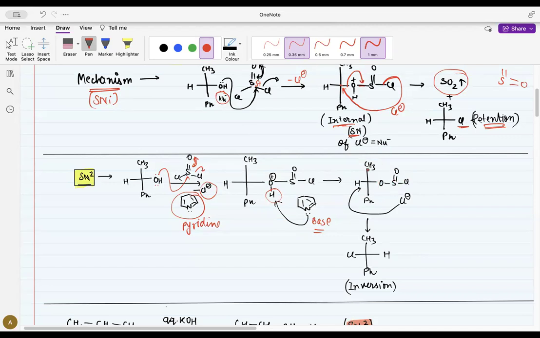Once this product is made, now chlorine minus will attack as a nucleophile, backside attack, and because this is SN2 mechanism, it will attack from backside and remove SO2Cl. Remove what? SO2Cl.